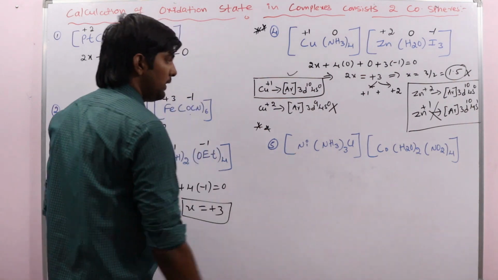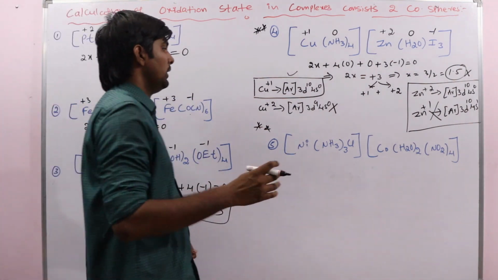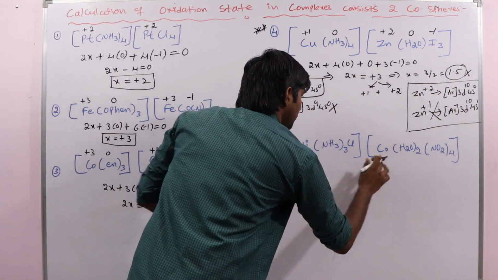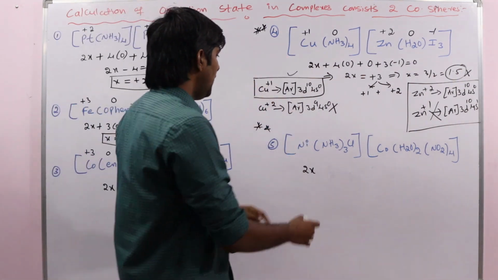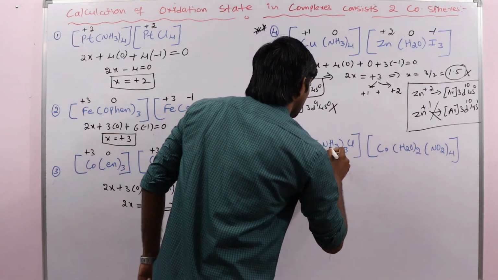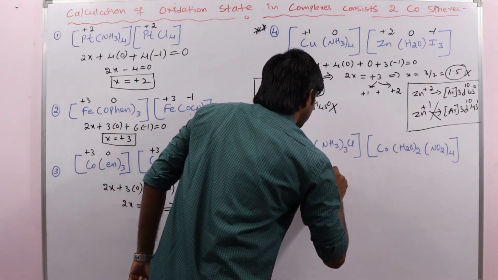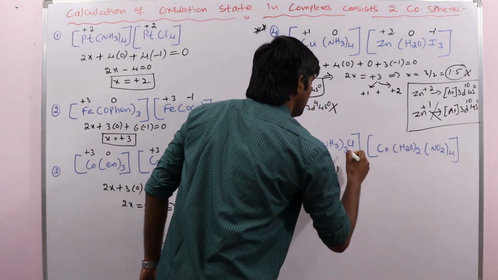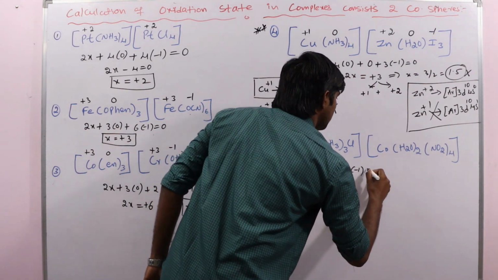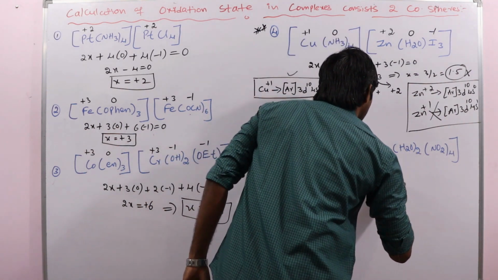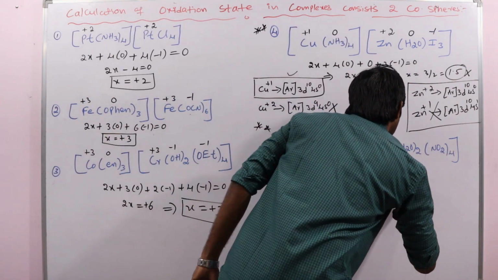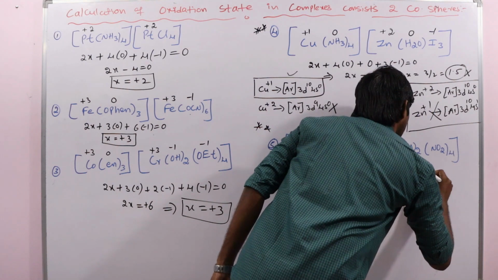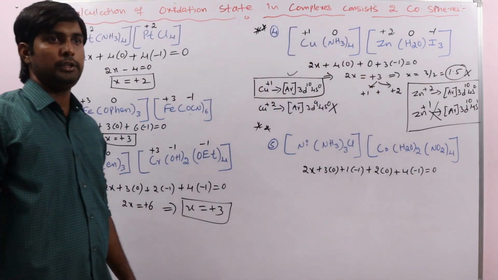Now let us see another example. So here we have two metals. Let us take it as 2x. Plus 3 into 0, neutral, plus 1 into -1, plus 2 into 0 because aqua is a neutral ligand, plus 4 into -1, that is equal to 0.